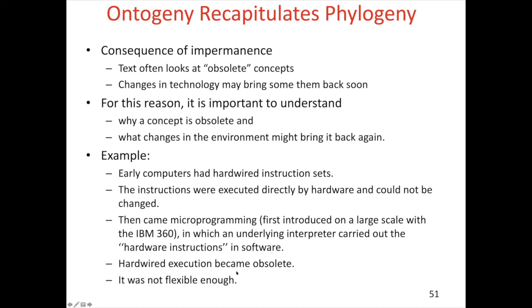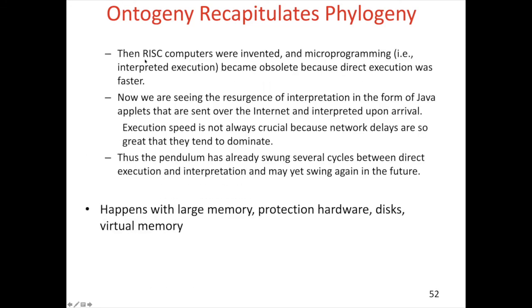Hardwired execution became obsolete. It was not flexible enough. Then RISC computers were invented, and microprogramming, that is, interpreted execution, became obsolete because direct execution was faster.